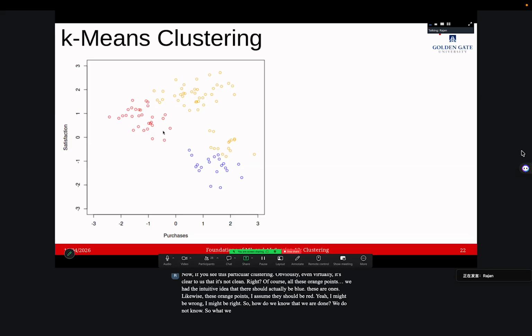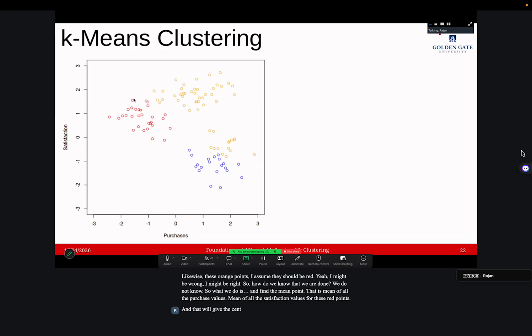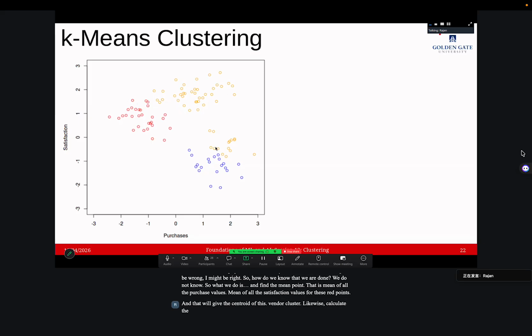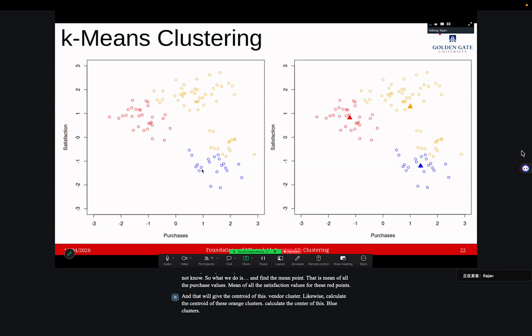So what we do is find the mean point, that is mean of all the purchase values, mean of all the satisfaction values for these red points, and that will give the centroid of this red cluster. Likewise, calculate the centroid of these orange clusters, calculate the centroid of this blue cluster. When I do that, this is what I get.